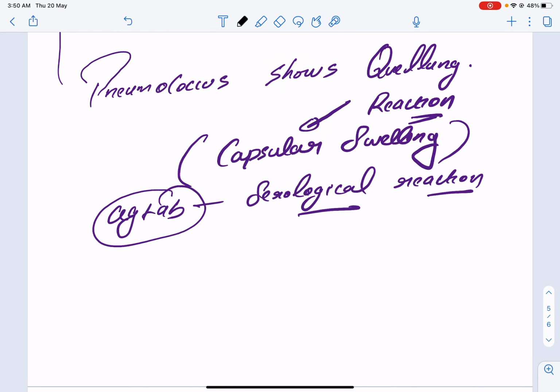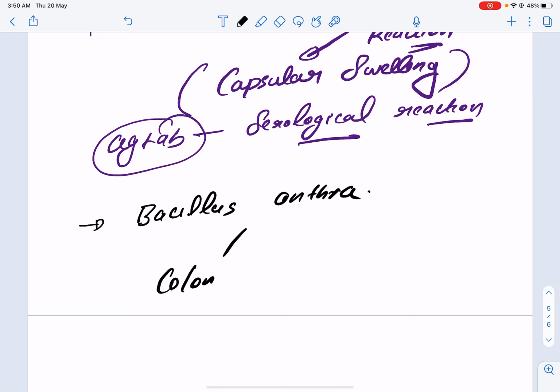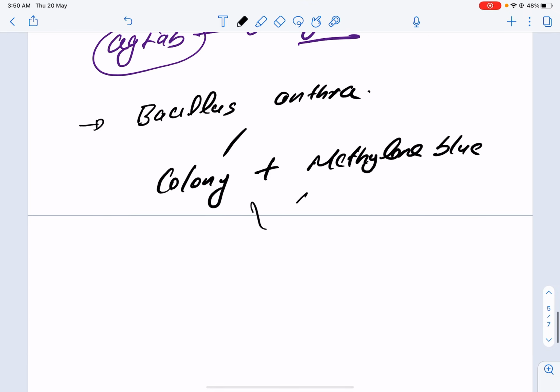Now, next thing, in a similar manner, we have what? Bacillus anthracis. A for anthrax. So for this Bacillus anthracis, we will take the colony of it and we will add methylene blue. So you can see all the capsules are being stained here.